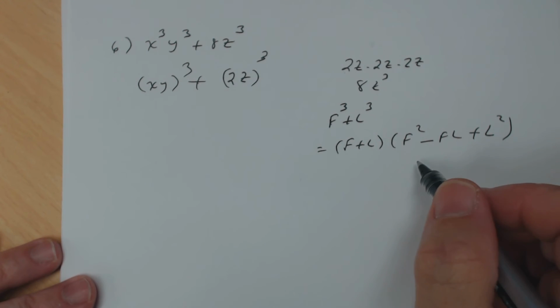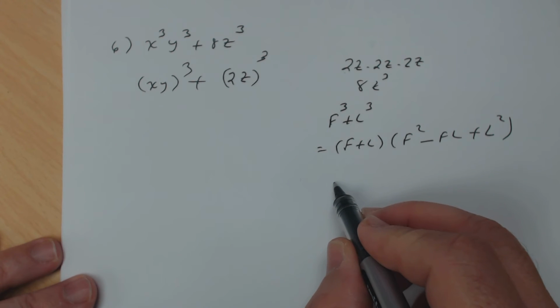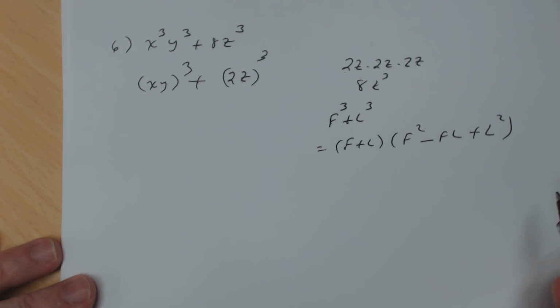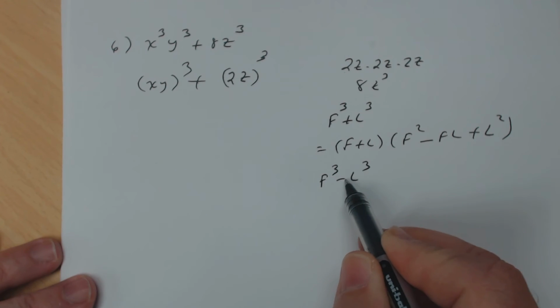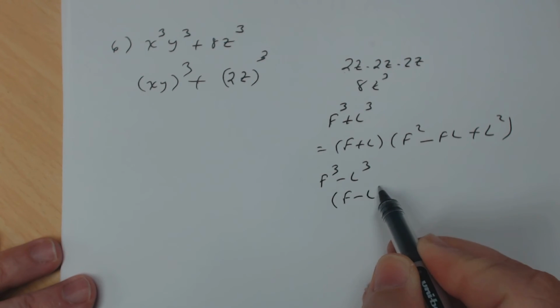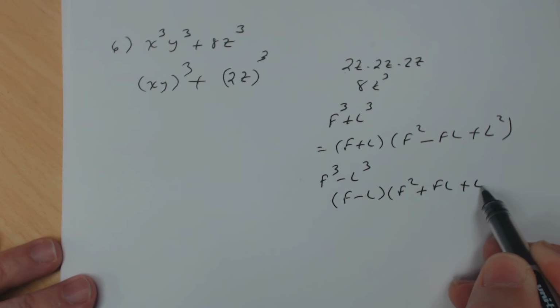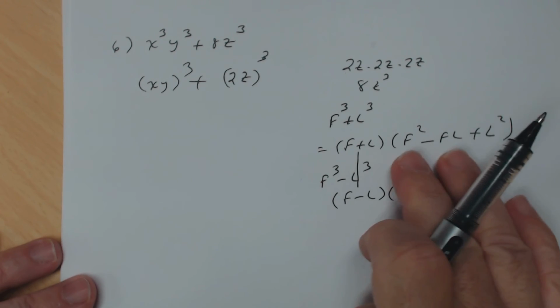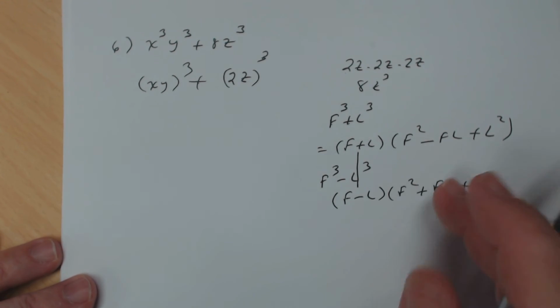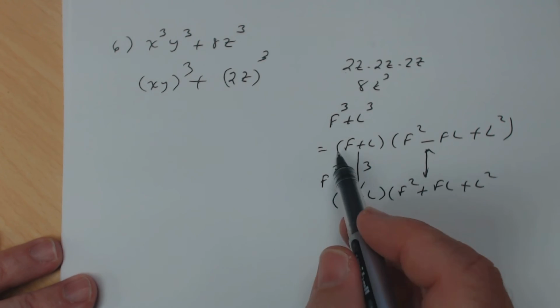So it's very similar to the difference of 2 cubes. Let me go ahead and write it right here. The difference of 2 cubes was F minus L times F squared plus FL plus L squared. So remember, the only difference between these, the order of the letters is in the same place, is just these 2 signs right here. All right?